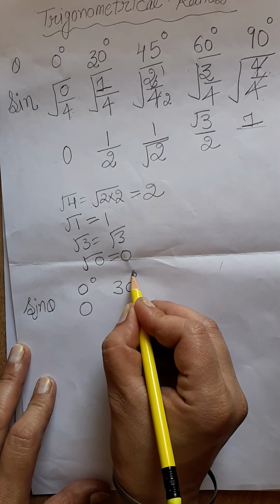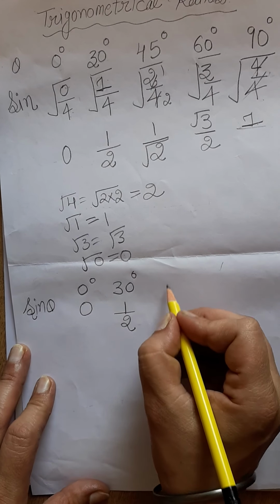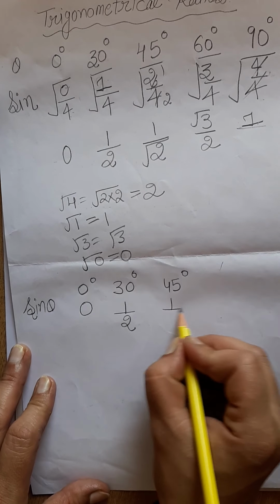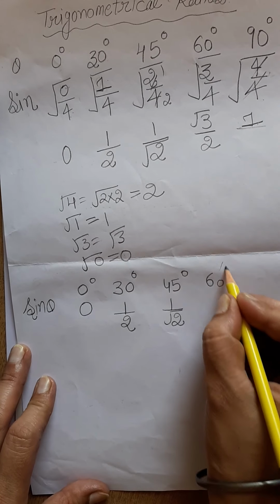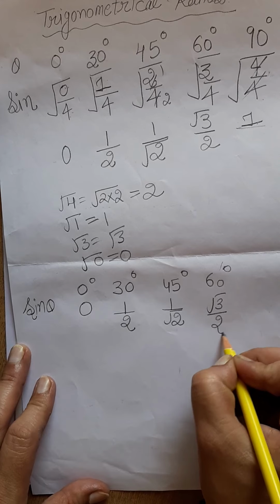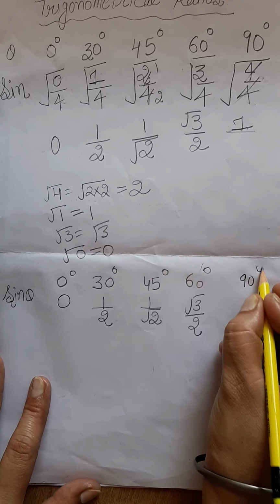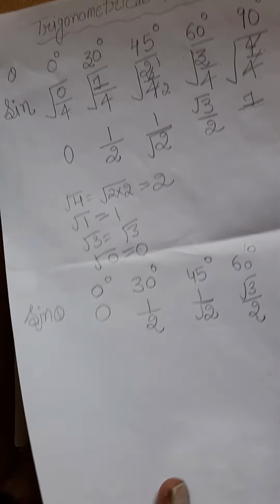At 30 degree, you get 1 by 2. At 45 degree, you get 1 by root 2. At 60 degree, you get root 3 by 2. And for 90 degree, you get 1. Okay.